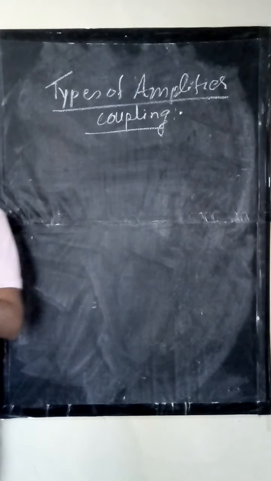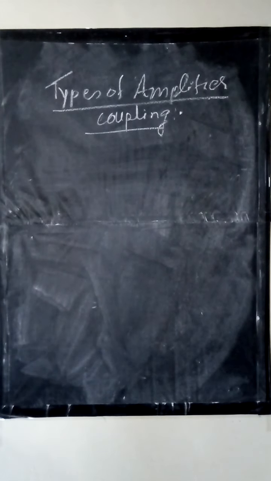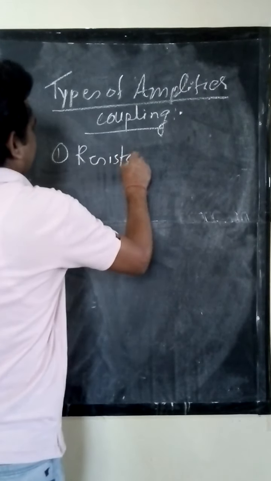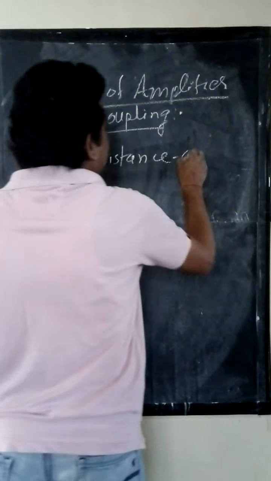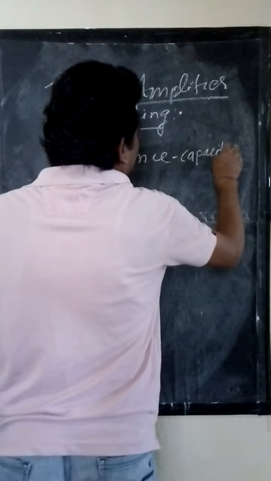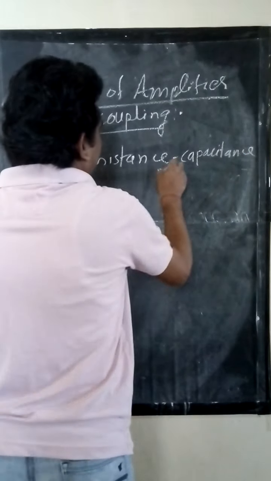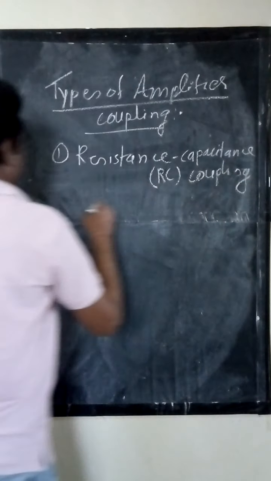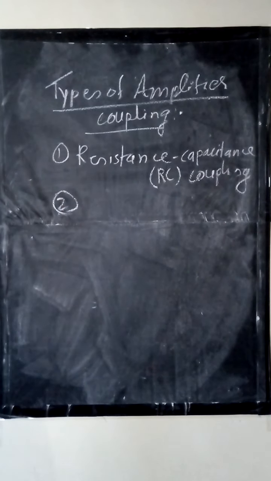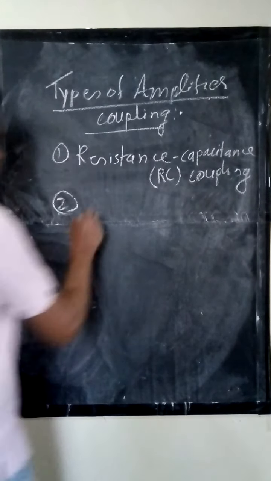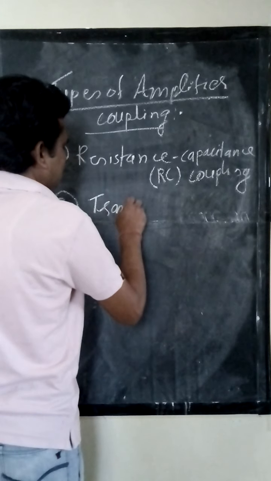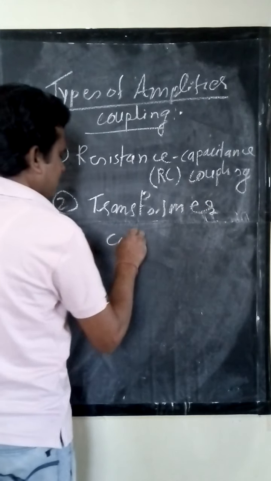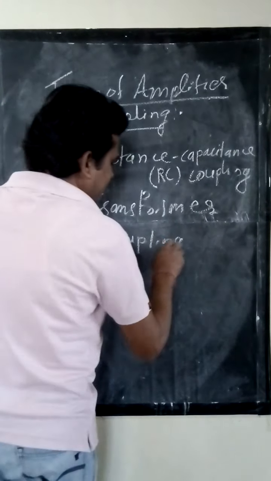The first one is resistance capacitance coupling, that is RC coupling. Second one is transformer coupling, TC.